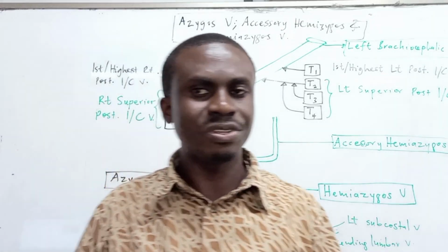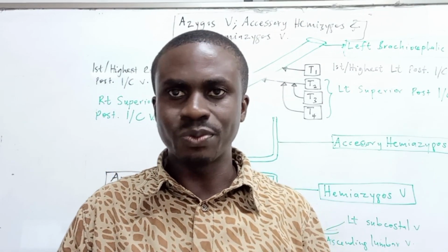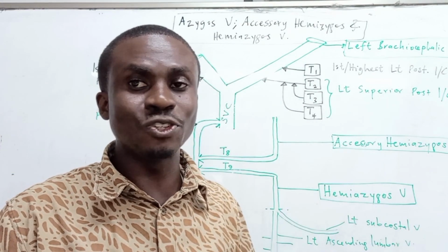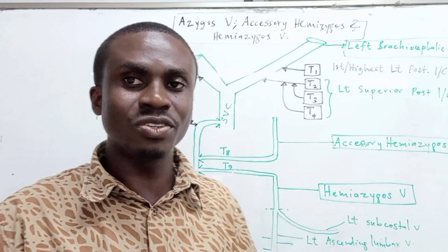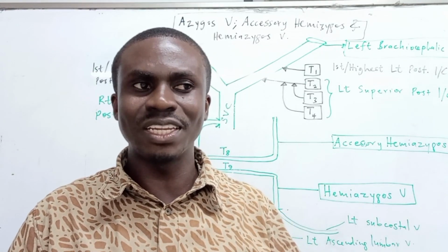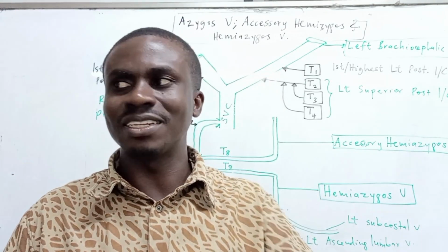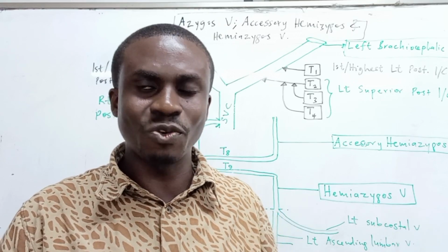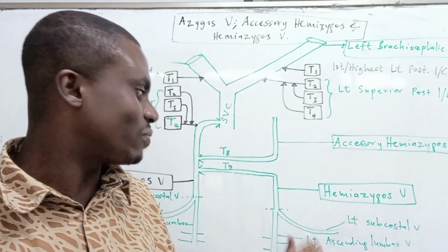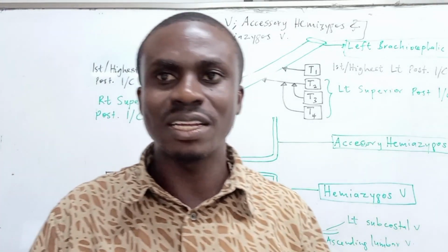Whenever we ask what the formative tributaries are, you should be able to tell. For the azygos vein, they are the right subcostal vein and the right ascending lumbar vein. For the hemiazygos, they are the left subcostal vein and the left ascending lumbar vein.